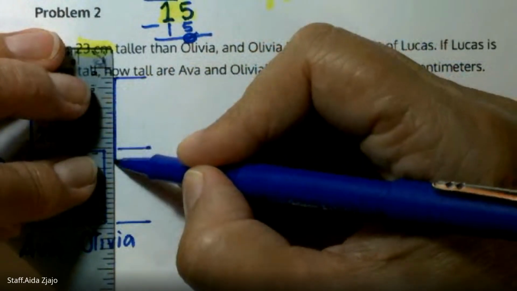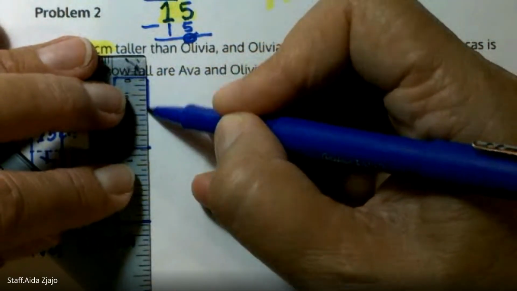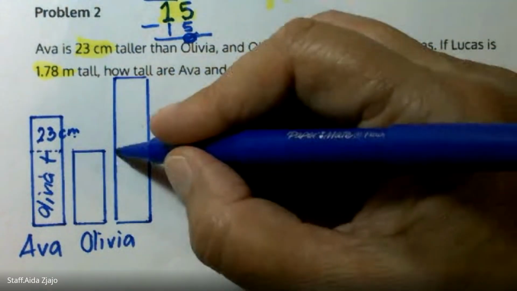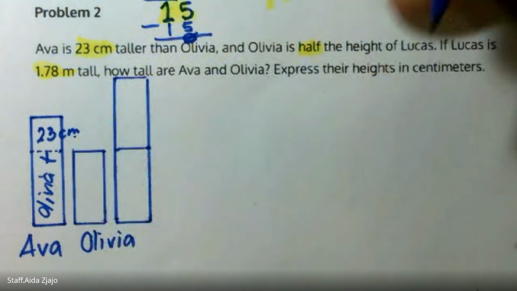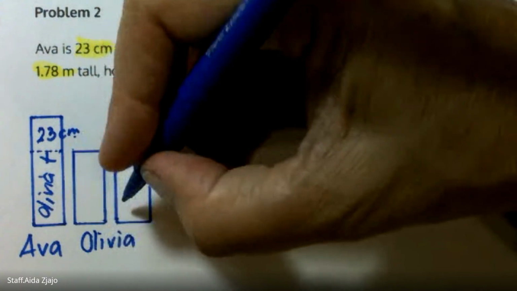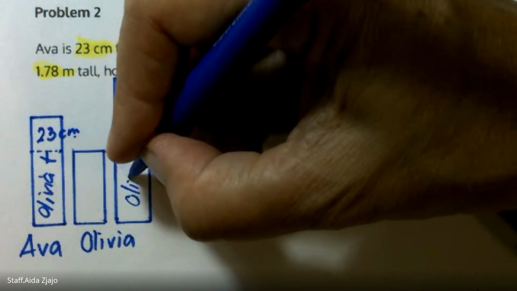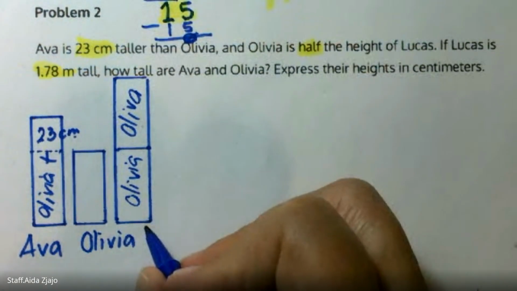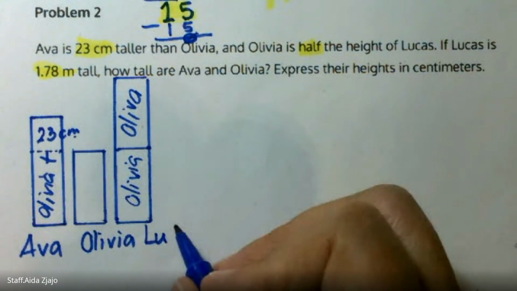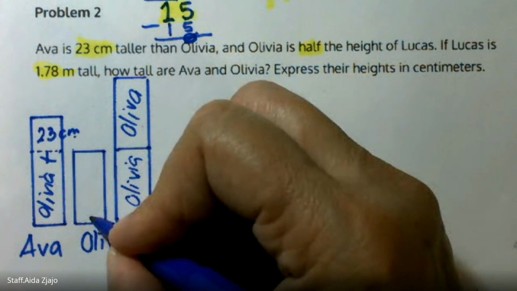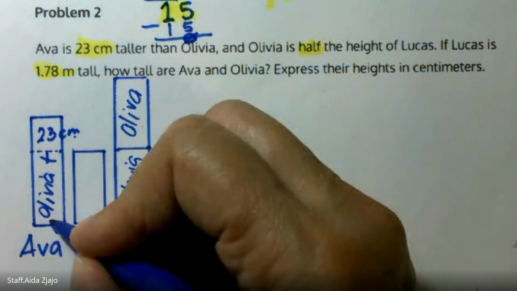So here you go. If this is Olivia, Olivia is half of the height of Lucas, so Lucas is twice Olivia. Okay, and this is Lucas, this is Olivia, and this is Ava.